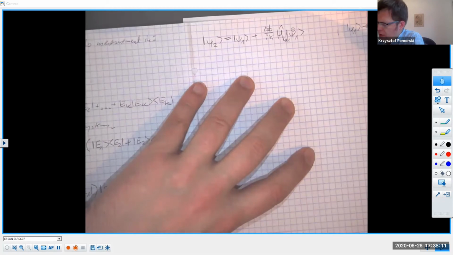So I can always write C1, C2 as a vector.